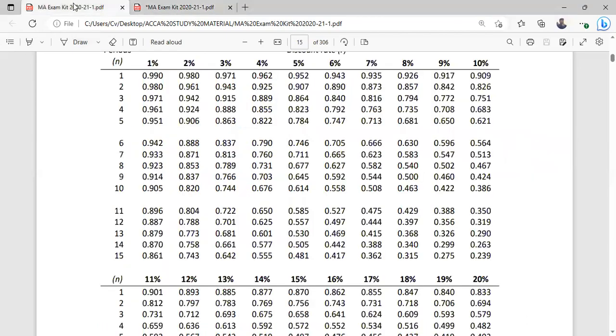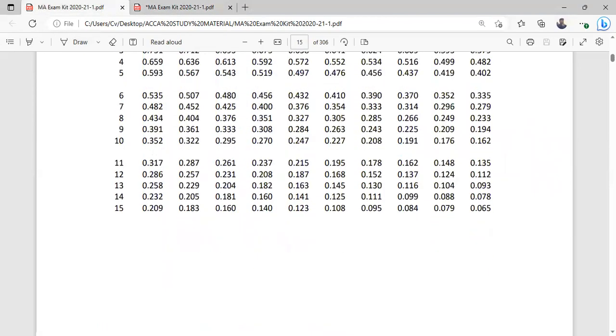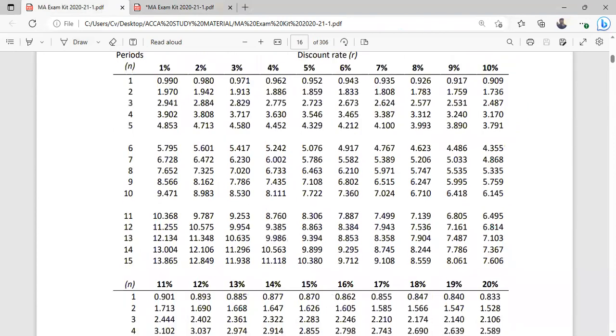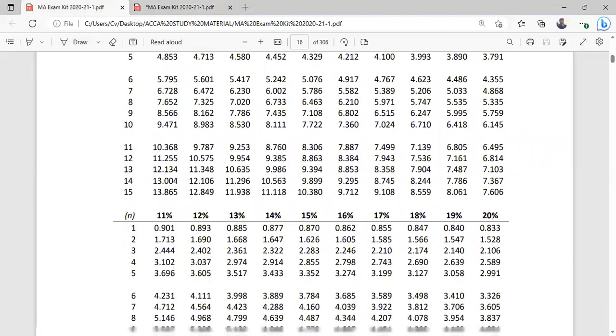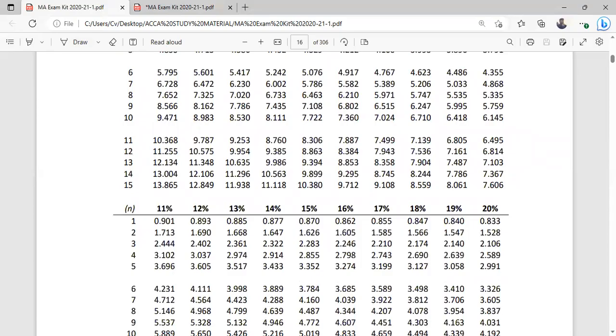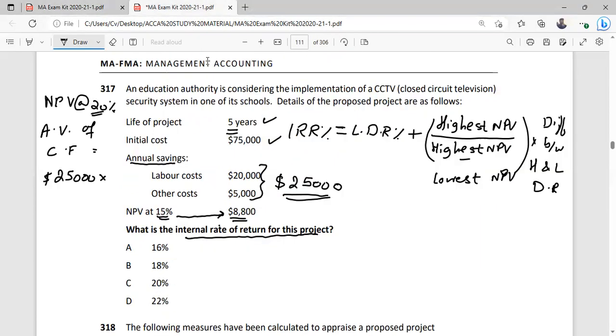So we will choose the annuity factor at 20% for 5 years, which is 2.991. So we will multiply 25,000 into 2.991.